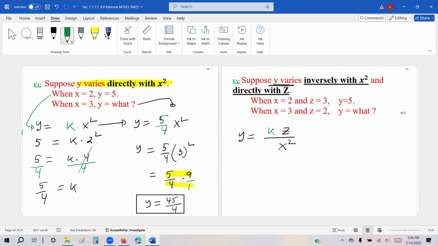So three things are changing with one constant rate. What is that rate? That information we need to find using this information. So y is 5. We have no idea what k is, but z is 3 and x is 2.